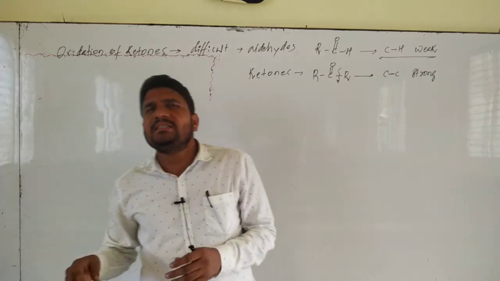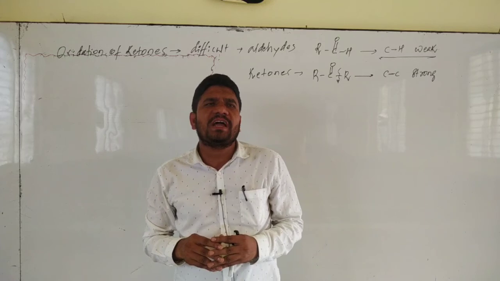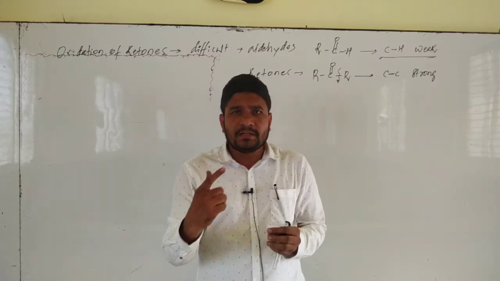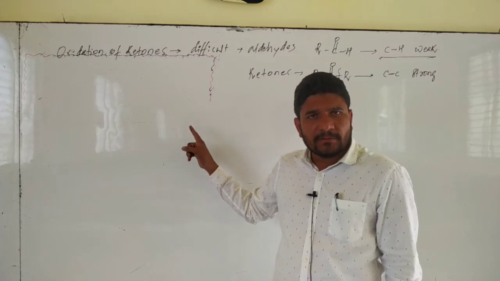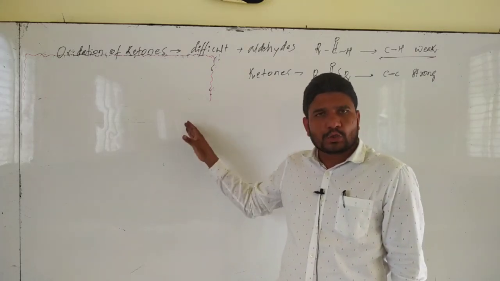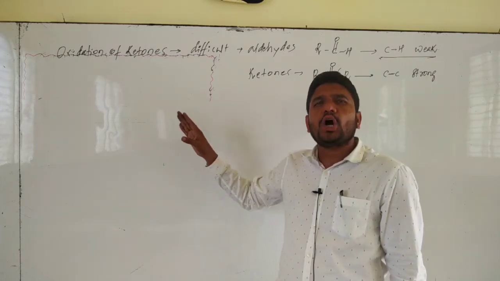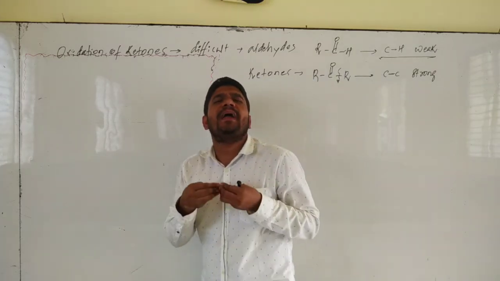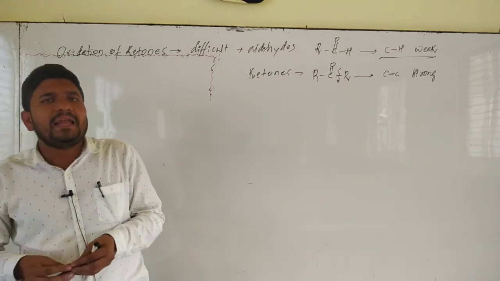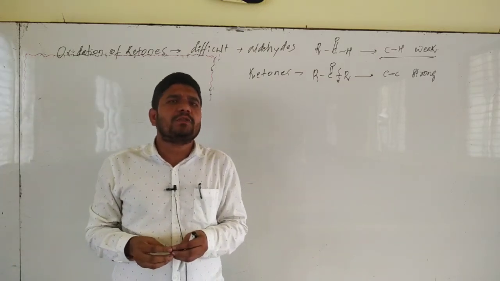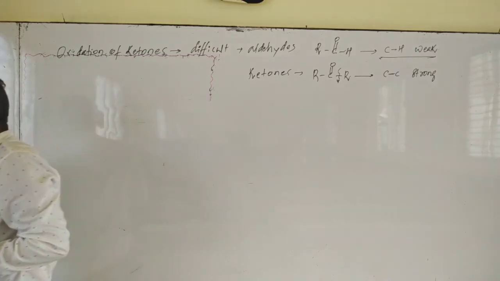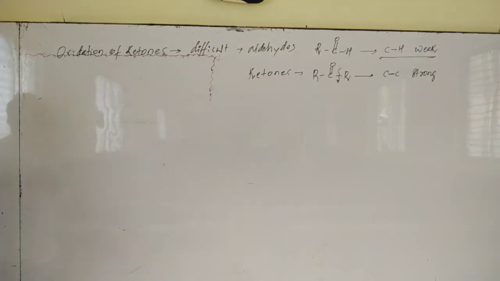Mild oxidizing agents like anhydrous chromic oxide, pyridinium chlorochromate, Tollens reagent, and Fehling solution can't oxidize ketones into carboxylic acids because they are mild oxidizing agents. Mild oxidizing agents can't work for ketones. For this purpose, you need to use what?